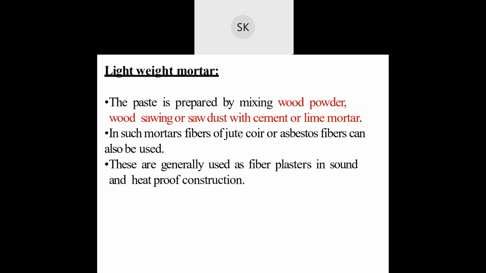So basically, in lightweight mortar, instead of sand, they can use sawdust or wood powder so that the weight of the mortar can be reduced, and it can be used in fiber plasters in sound and heat proof construction.